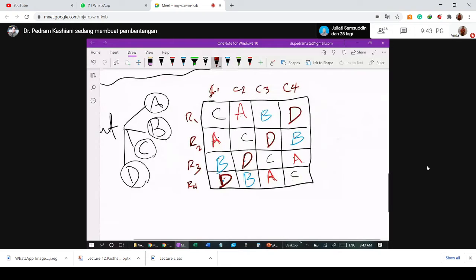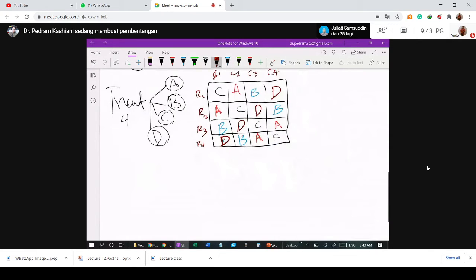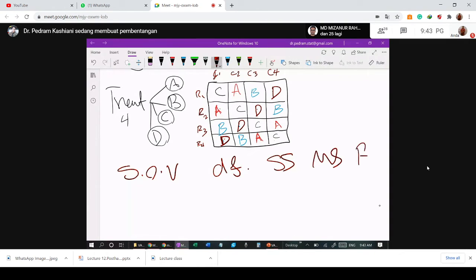So if I want to analyze this in Latin square, what is my source of variation? I have source of variation, degrees of freedom. Again, I need to have SS, MS and F. The title of ANOVA is always the same. So what is my source of variation?